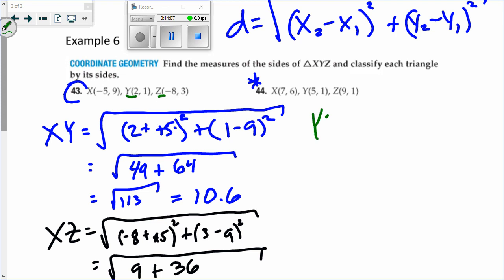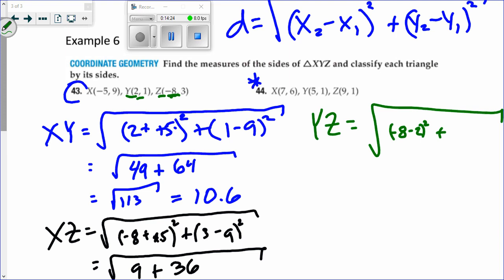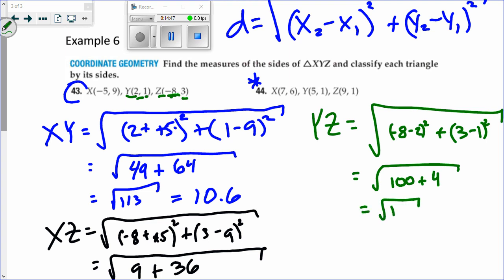YZ is equal to the square root of, let's go with X2, -8, minus X1, excuse me, 2, square that, plus Y2 is 3, minus Y1 is 1, squared. So this simplifies to, well, -8 minus 2 is -10. -10 squared, 100, plus 3 minus 1 is 2. 2 squared is 4. So square root of 104.